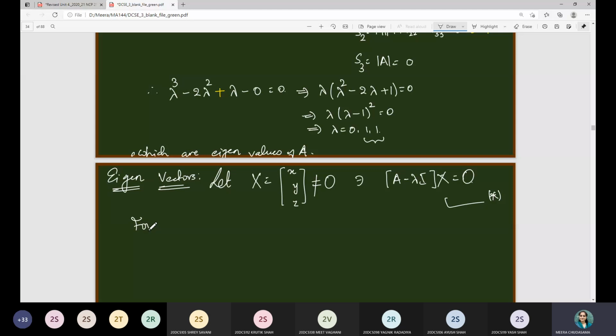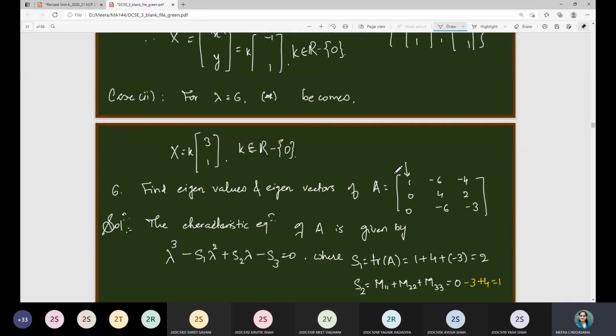Then for lambda is equal to 0, star becomes, so the original matrix, whenever you take lambda is equal to 0, this original matrix will not be affected by the new matrix since your lambda is 0. So the entire identity matrix will become a 0 matrix.